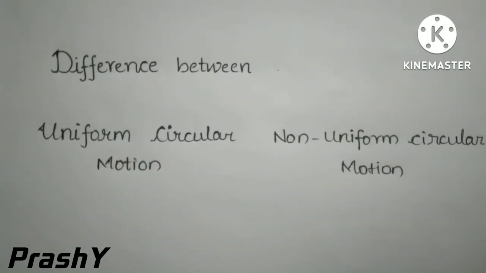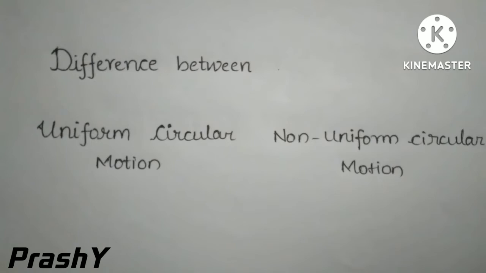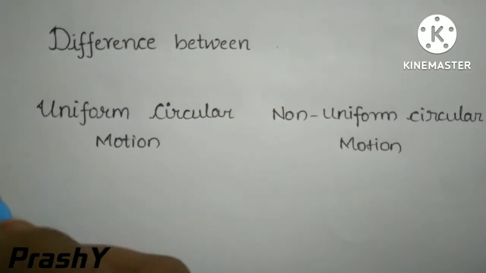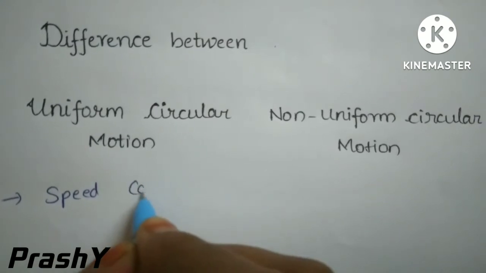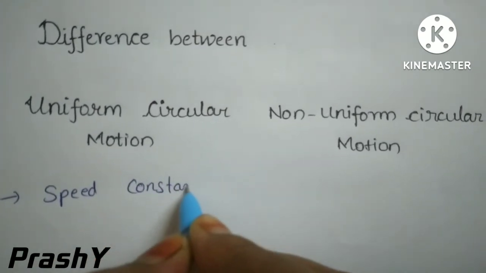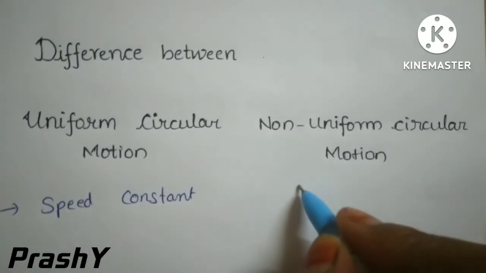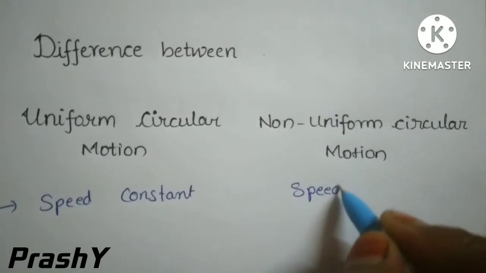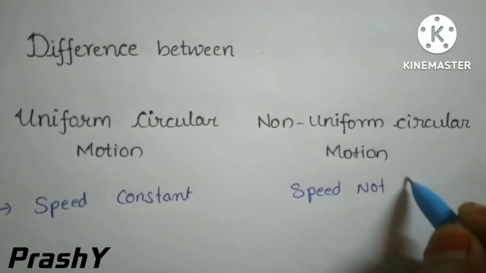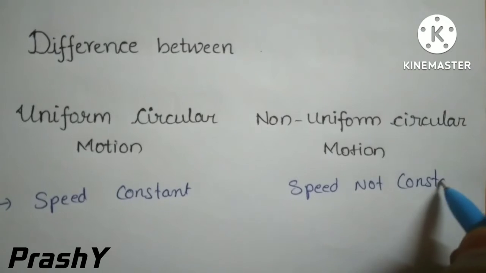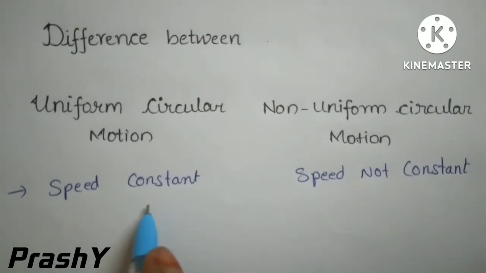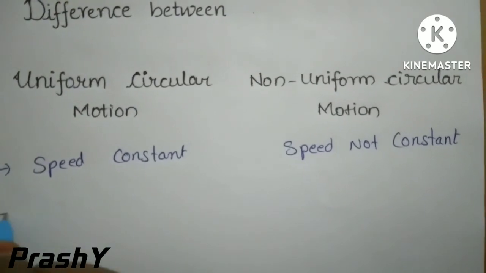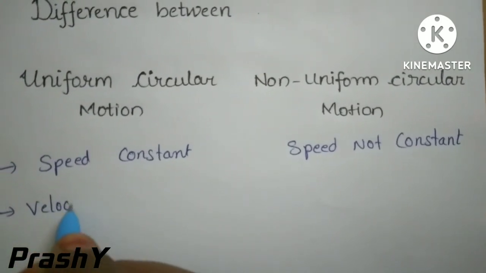So now let us differentiate between uniform circular motion and non-uniform circular motion. In uniform circular motion, speed remains constant, and in non-uniform circular motion, speed is not constant. Though speed is constant in the uniform case, velocity changes continuously, so velocity is not constant.